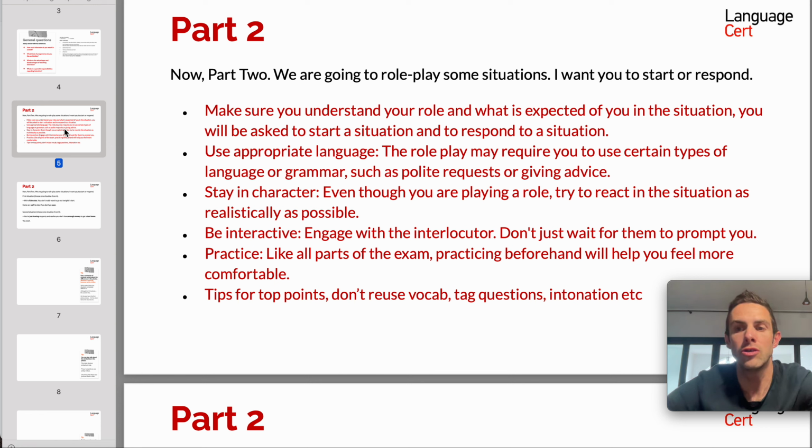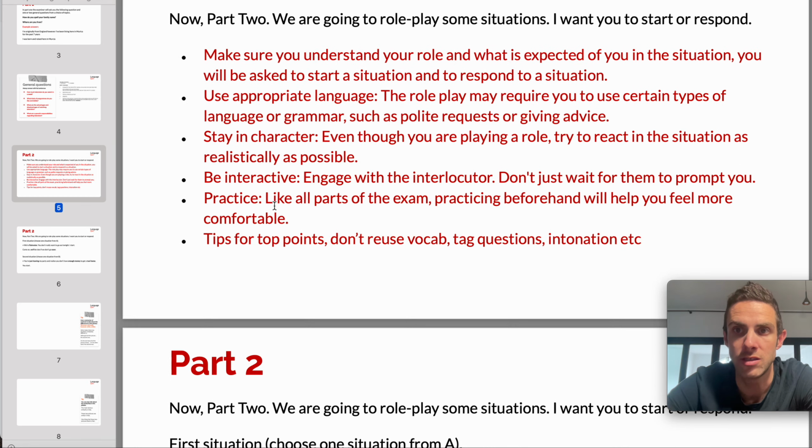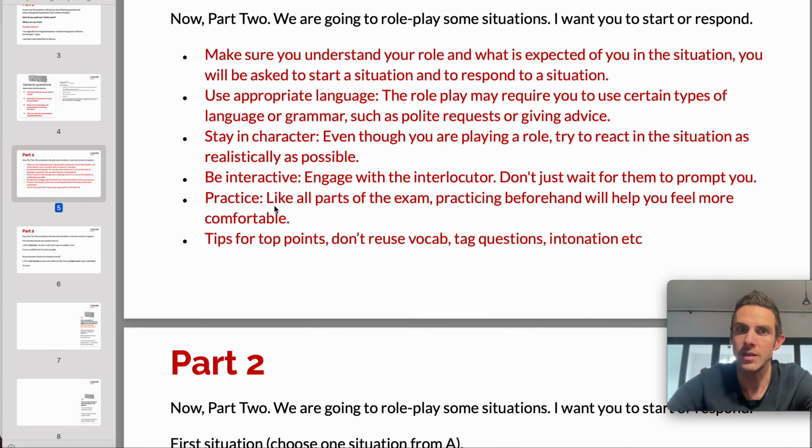Now in part 2, you are going to role play some situations with the interlocutor. The interlocutor will want you to either start or respond to some situations. What's super important is that you understand your role and what is expected of you in each situation.